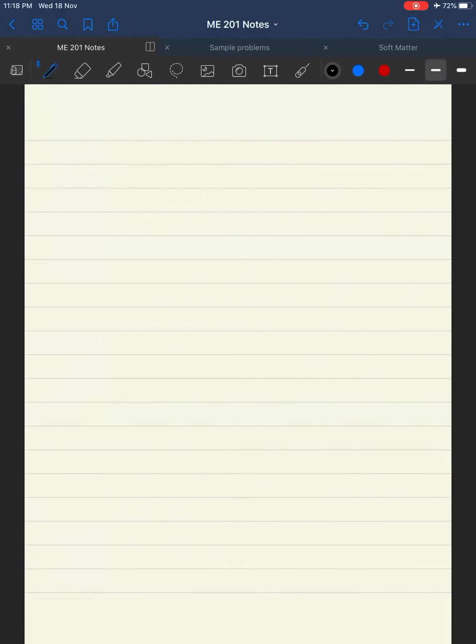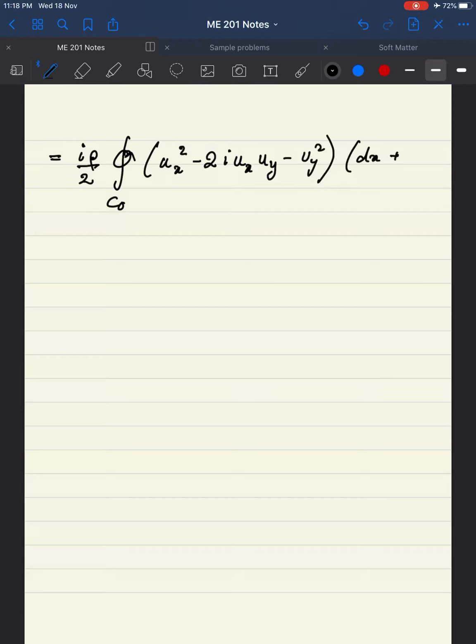Okay, so now let's open this up, which is (i rho by 2) integral over C0, you have (ux² - 2i ux uy - uy²)(dx + i dy), right? If you open this up further, you bunch the real terms and the imaginary terms together.